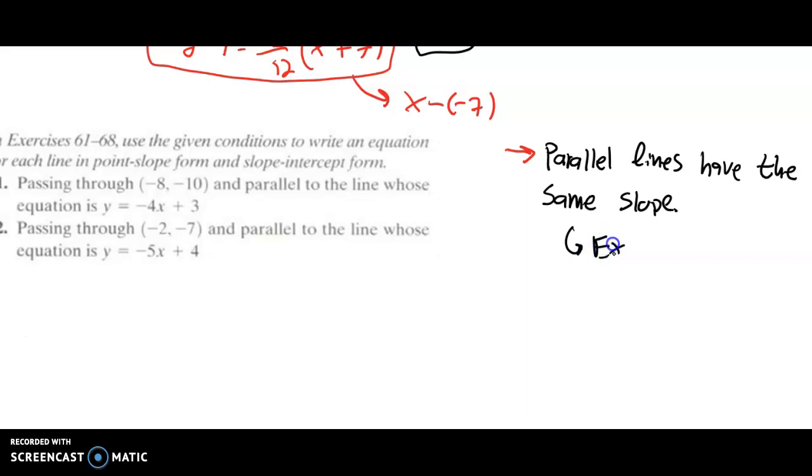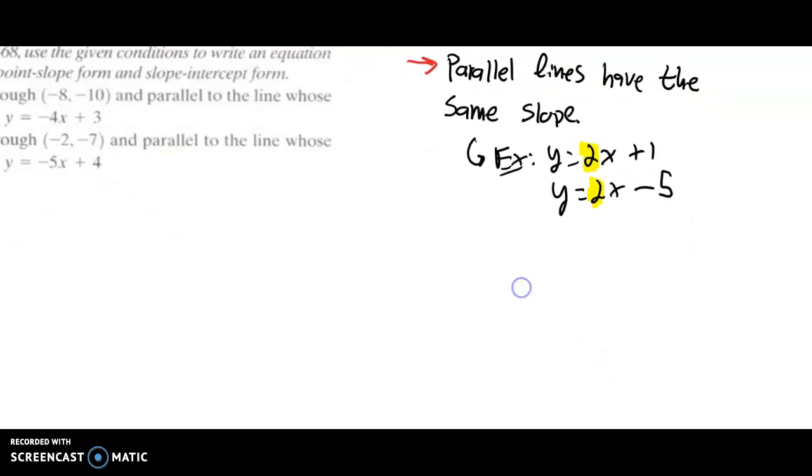An example of this would be y equals 2x plus 1 and y equals 2x minus 5. Even though they have different y-intercepts, they have the same slope of 2, making them parallel. This should make sense because parallel lines never touch. They're moving at the same rate, so they never have a chance to intersect because they're going at the same pace.